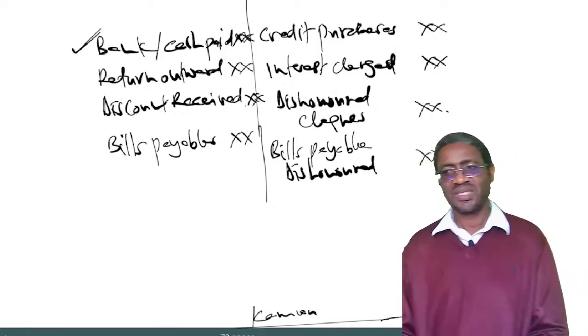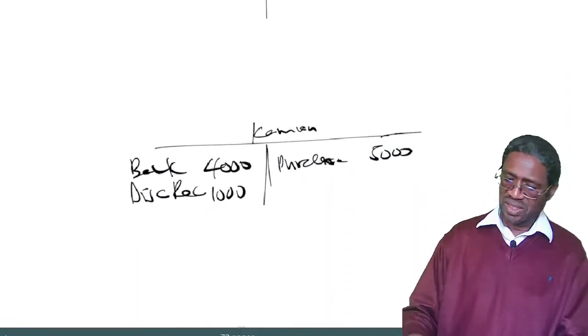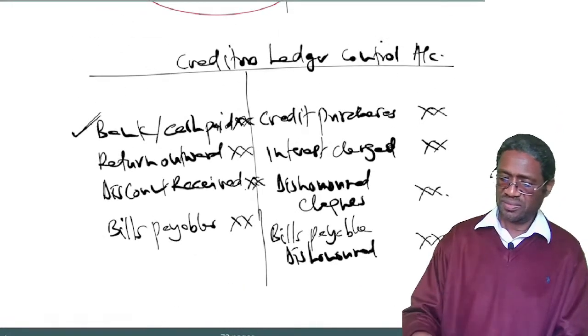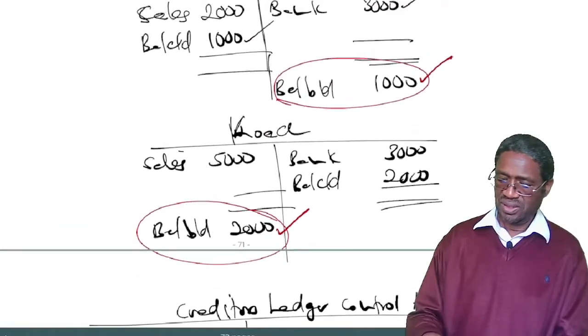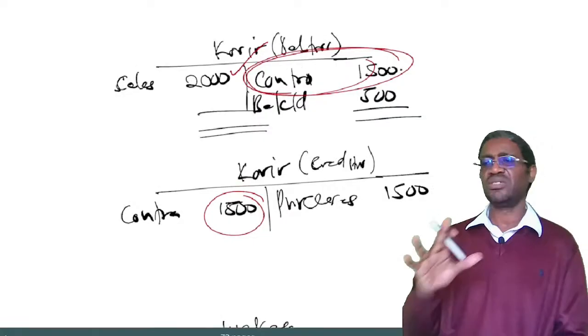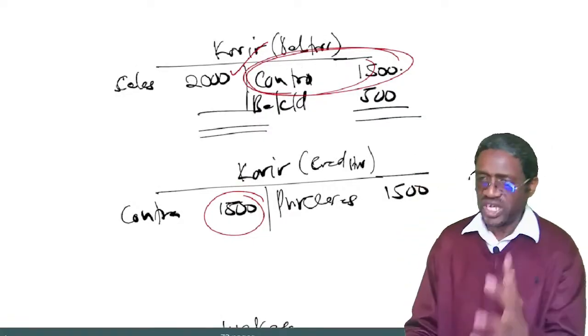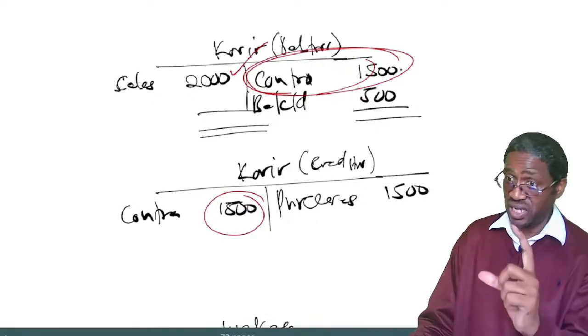Good. Another one. Let me take you back here. Coril. Good. Now look at this. Coril was both a debtor and a creditor.